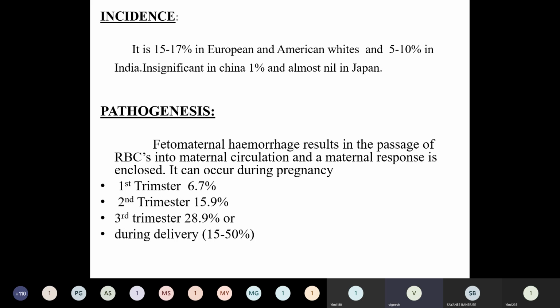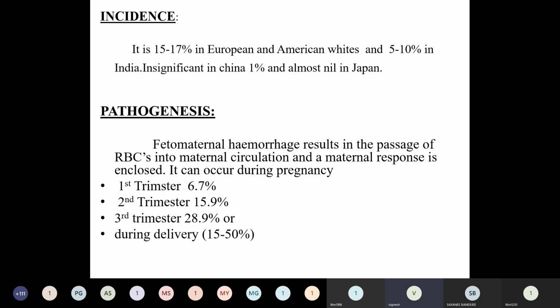So coming to the pathogenesis of Rh isoimmunization, the feto-maternal hemorrhage results in the passage of RBCs from the fetus into the maternal circulation, and the maternal response is initiated. This feto-maternal hemorrhage can occur at any time during the pregnancy. The incidence of Rh isoimmunization in the first trimester is about 6.7%.